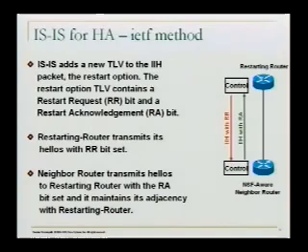So that's my first bullet. Or in this case, actually the second bullet: the restarting router transmits its hellos with the RR bit set. That means if the neighbor understands TLV 211, it realizes, my neighbor is telling me not to flap the adjacency.